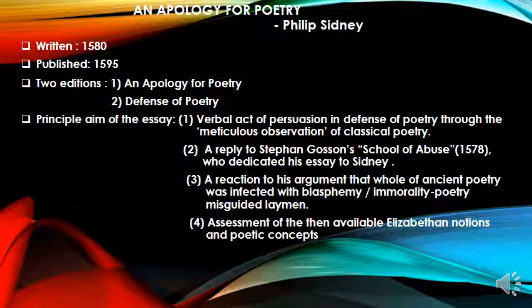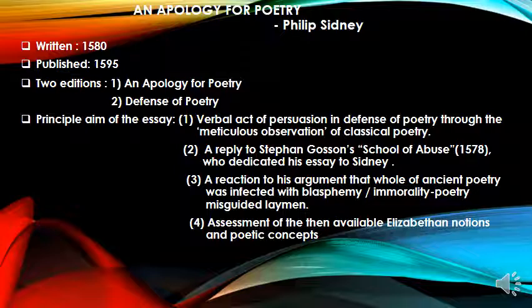Now you can see here the four main purposes of writing this essay. One, it was a persuasion in defense of poetry, because classical poetry was attacked by a person called Stephen Gosson and many others, out of which Stephen Gosson's was a popular one.